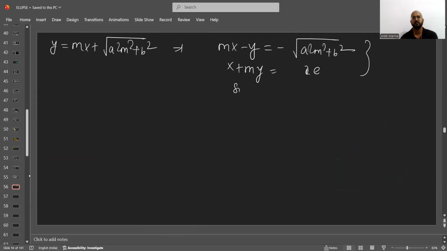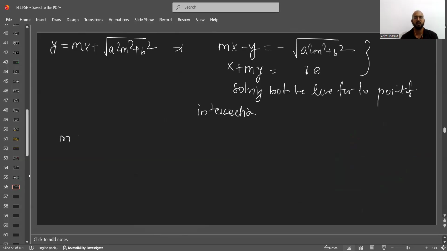Solving both lines for the point of intersection, it is better to square and then add. So (mx - y) square + (x + my) square = a square m square + b square + a square e square.